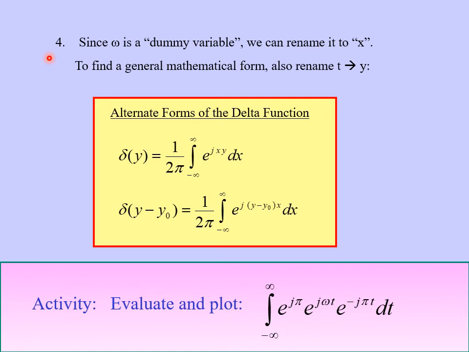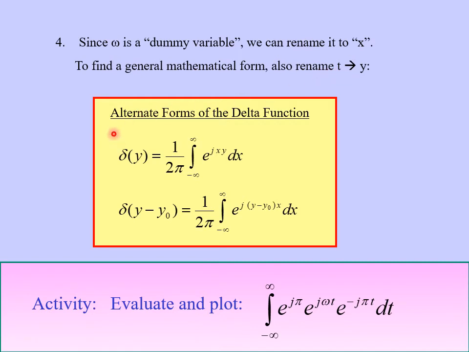Now, we can take this one step further and generalize these results. When we're doing these integrals over all omega, omega is technically a dummy variable because it disappears after we perform the integration. In other words, we can rename omega with whatever we want, and it doesn't change the results at all. So I'm going to just rename omega to x and rename t to y.